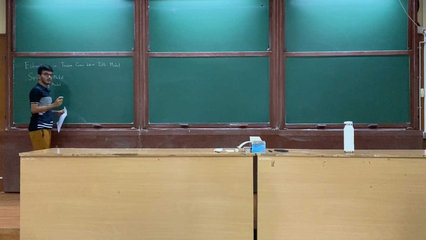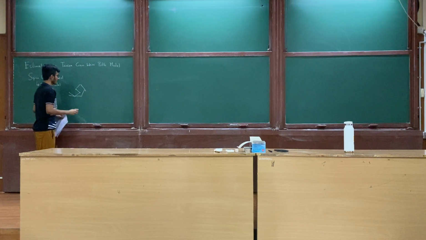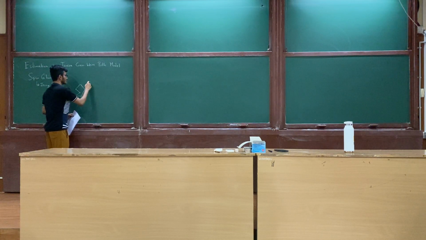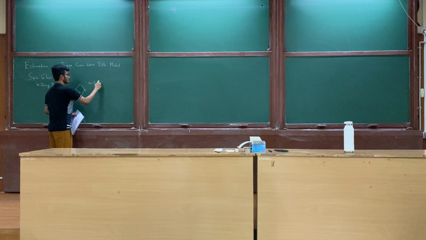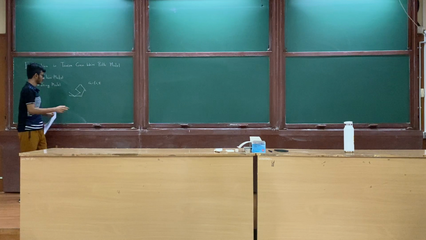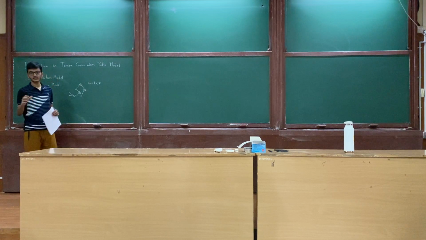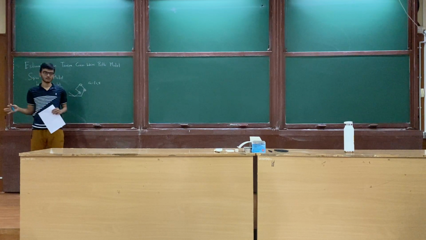So in Ising model, you have a graph, and in this graph, G equals (V, E). In each of these vertices, you put some magnets, and each of these magnets has a north pole and a south pole.